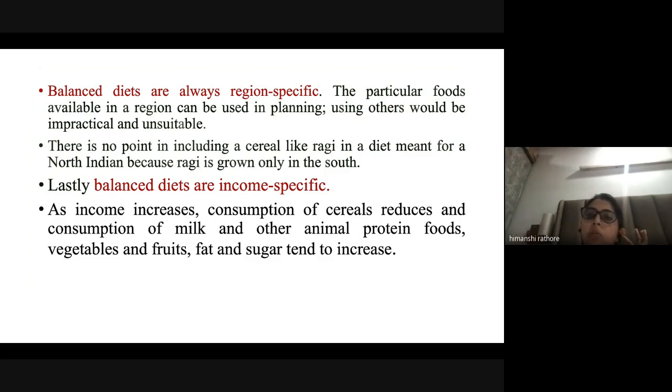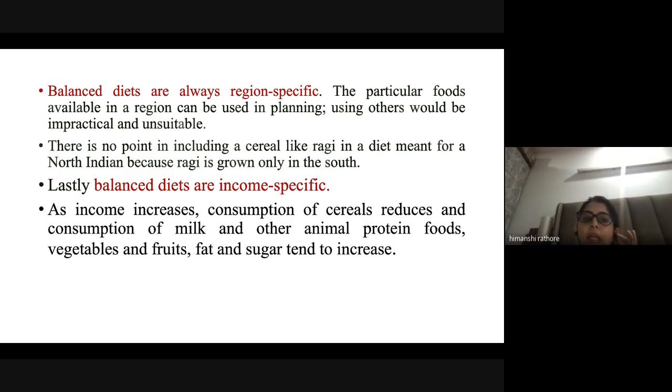This is something stupid. You must be having something else in your daily life at a large level. So region specific diets have to be there. It's not like you are listing some ingredients which are not available in that country or in that city. So region specific ingredients have to be used.